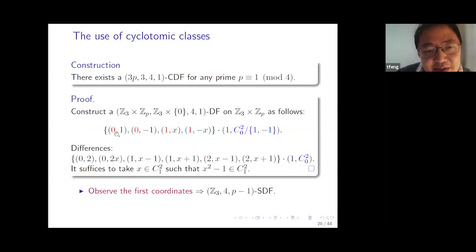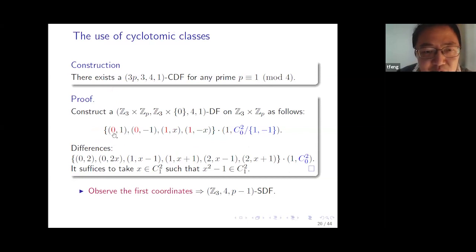That means first we need to construct a strong difference family. For this example, we need to construct a 3, 4, p minus 1 strong difference family. Here, p is 1 modulo 4, so p minus 1 is a multiple of 4.